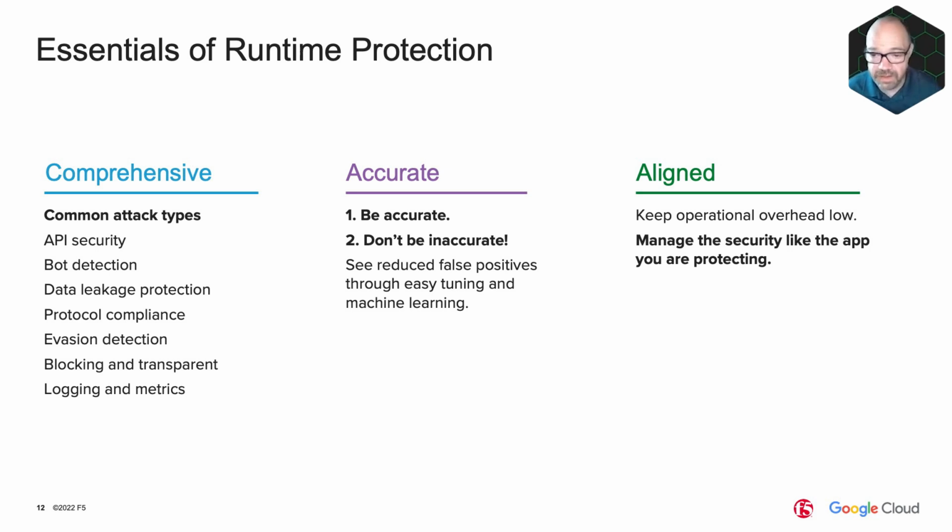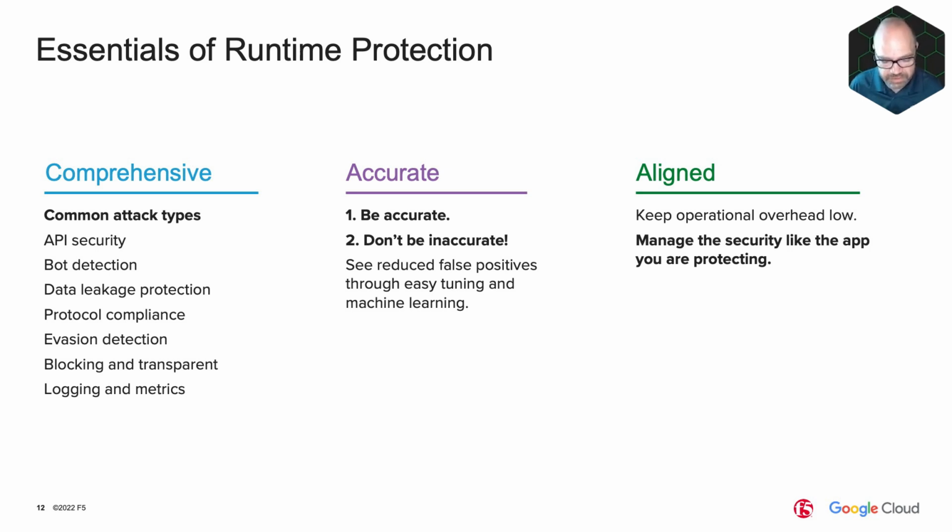This brings us on to aligned. You've got to keep the overhead low. Security policies and security solutions that break the operational flow of an organization who's trying to deliver applications are another huge cause of WAF failure in terms of the projects.